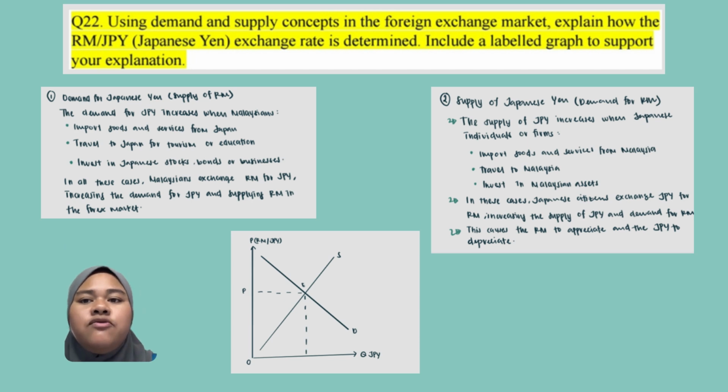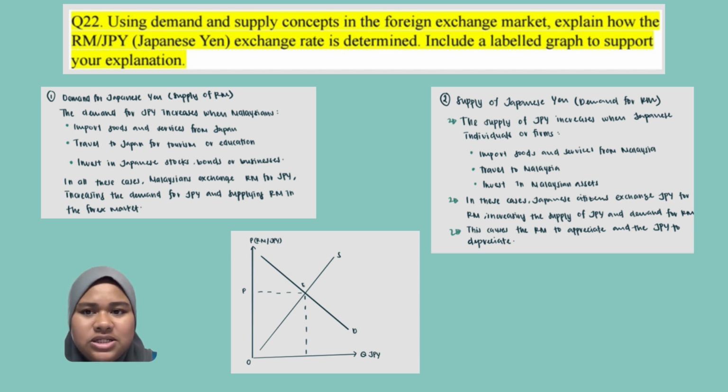The demand for Japanese yen will increase when Malaysians import goods and services from Japan. It means when Malaysian people buy goods and services from Japan, it increases the demand for Japanese yen. The next one is when Malaysian people travel to Japan for tourism or education. And the last one is when Malaysian people invest in Japanese stocks, bonds or businesses.